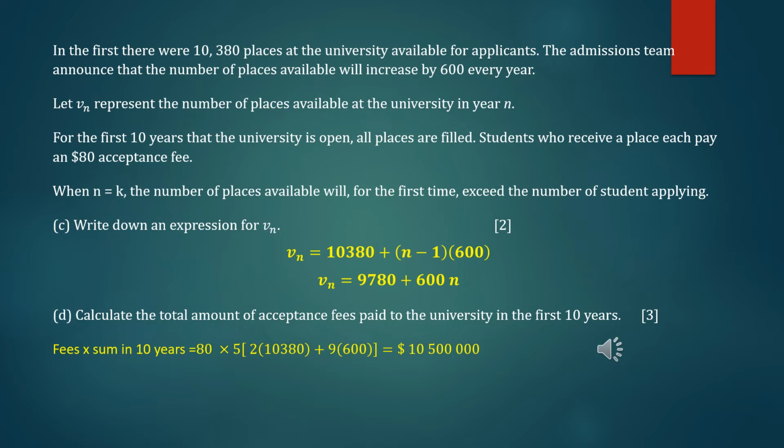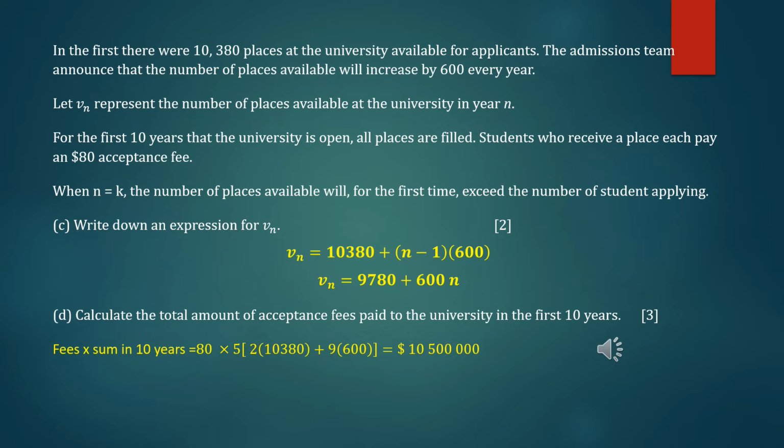Students who receive a place each pay an $80 acceptance fee. When n equals k, the number of places available will, for the first time, exceed the number of students applying. Some of this information may not be needed for these problems C and D, but it will be used in the later problems.